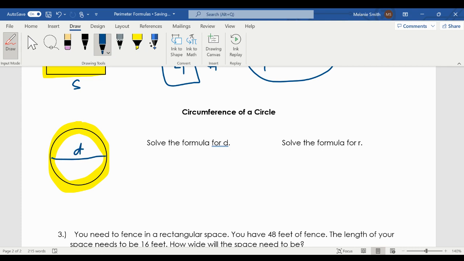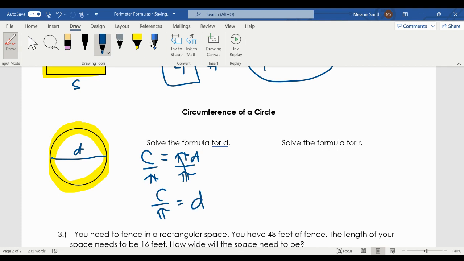So the first formula is circumference equals pi times the diameter. If I wanted to solve for D, I would just divide both sides by pi. And I would get C over pi equals, that's a D for diameter. Let me rewrite that. C over pi equals diameter.